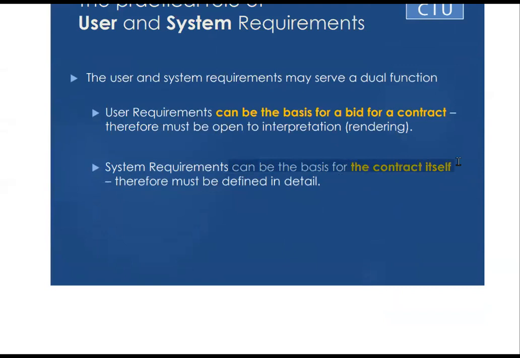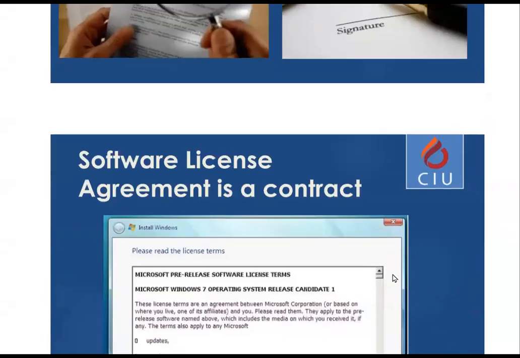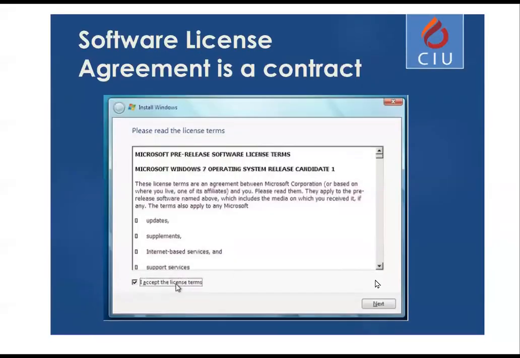When I say the contract, I mean the end user agreement, which you all press agree on, never read, and move to the next stage. That is called the user agreement. When you agree to this, you are agreeing to all system requirements, at least the ones mentioned in here. Hence, it concerns you. It is not only for developers, it is also for the user.